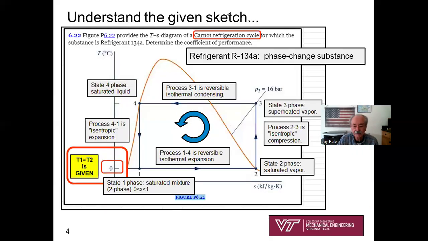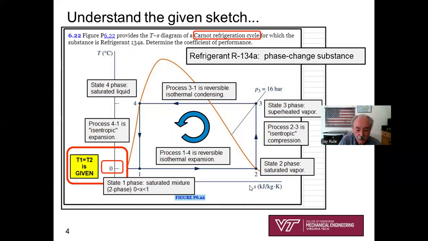All right, let's go back to our problem and understand what's given in the sketch. I'll have to disclose, I started studying this thing. Those text boxes kind of represent the thoughts that were in my mind about what I was looking at.